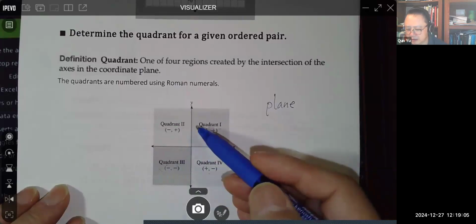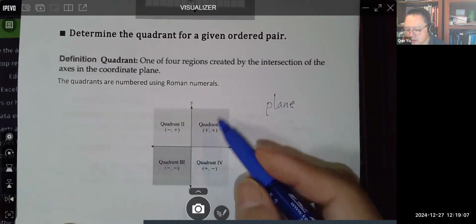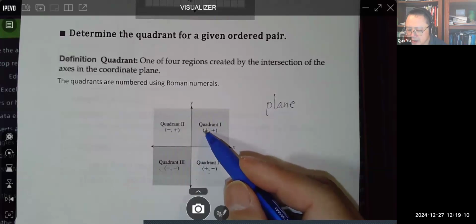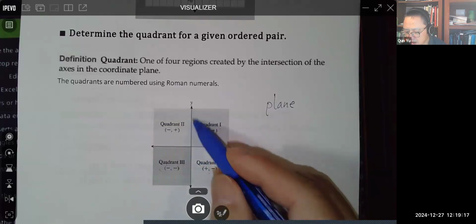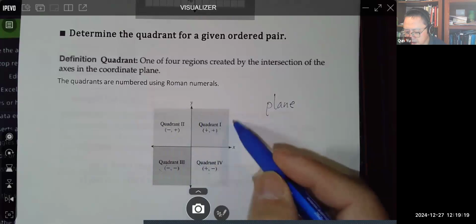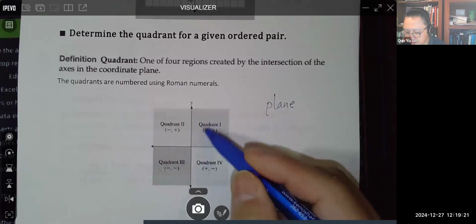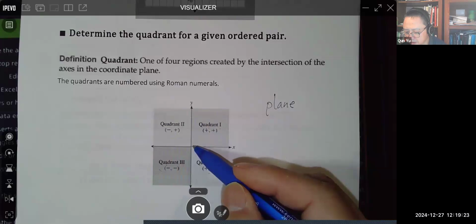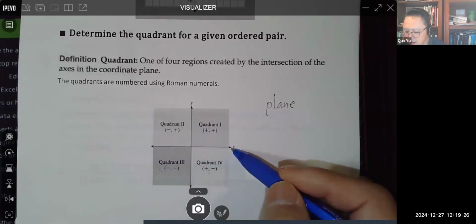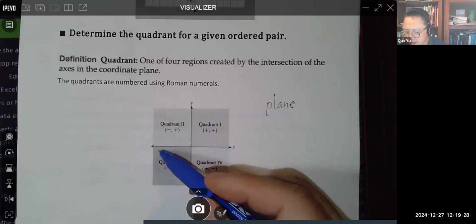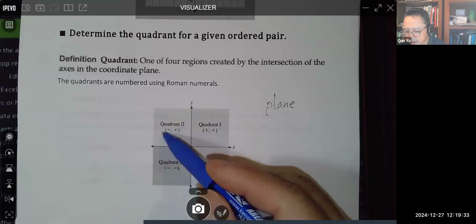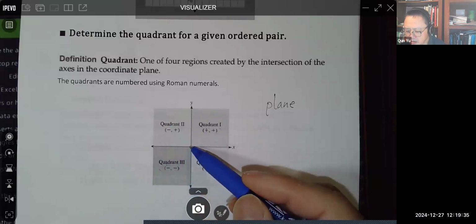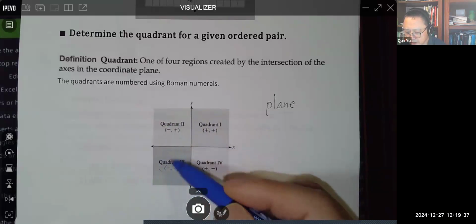What are the signs? For any point in quadrant 1, both coordinates are positive. Imagine a point in here: the x value is positive, so it's on the right-hand side of the y-axis, corresponding to the positive part of the x-axis. All x values left of this y-axis will be negative because they're to the left of the 0 point for x values.